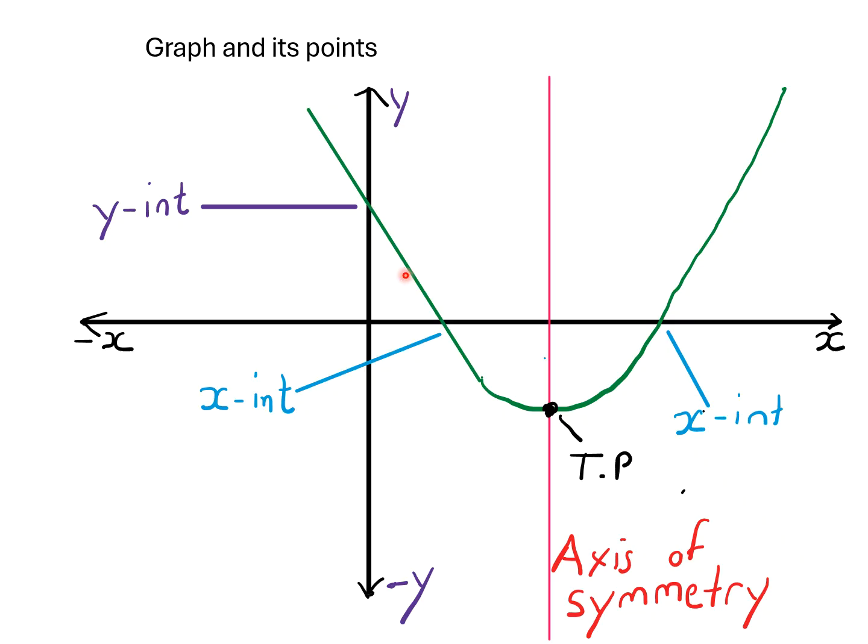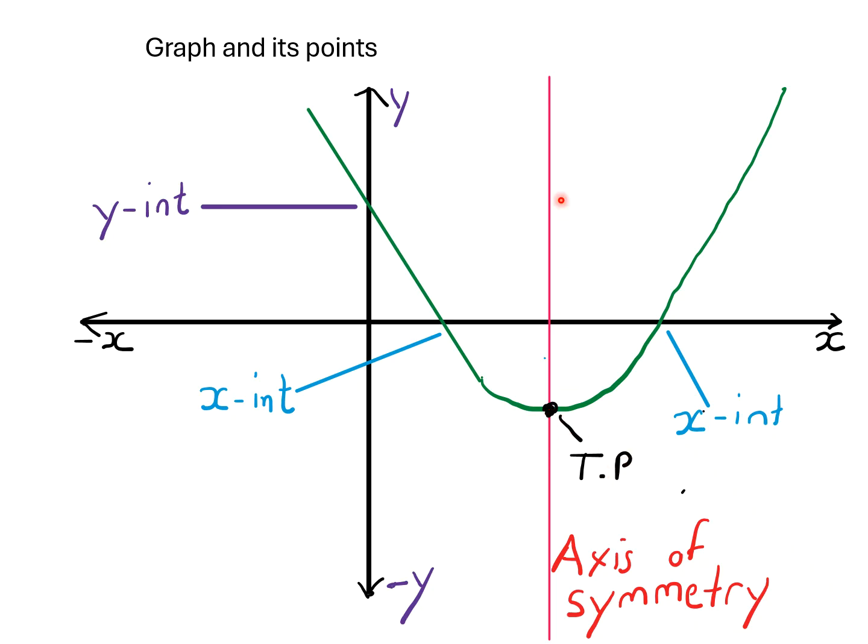Not always, but most of the time in the questions we give you, the parabola cuts the x-axis at 2 places, and it can also cut at only 1 place. Those places are referred to as my x-intercepts. Where it turns, in simple terms, is called my turning point.